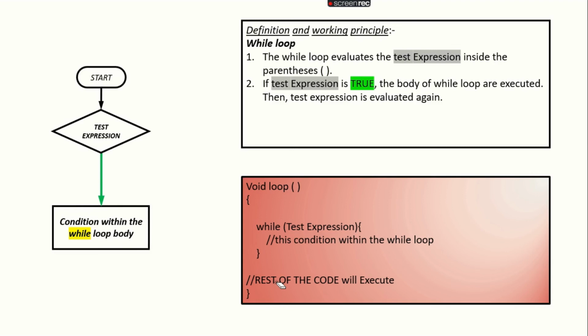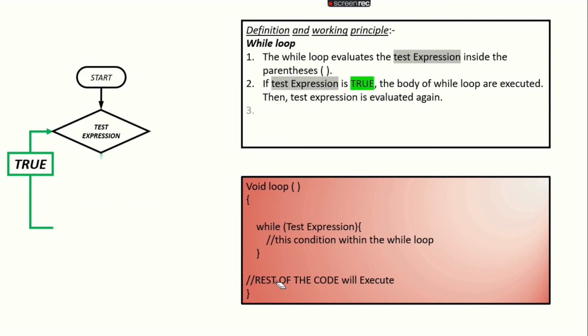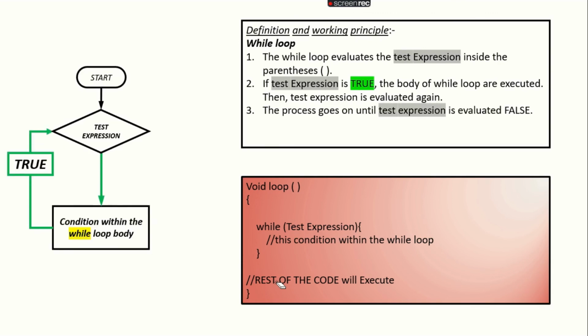If it is true, then the body of the while loop will execute, and after the while loop body is executed, it will check the test expression again. If it is true, then it will run the while loop body again. The process goes on until the test expression is evaluated to false.